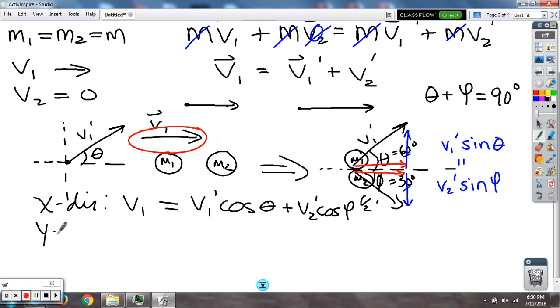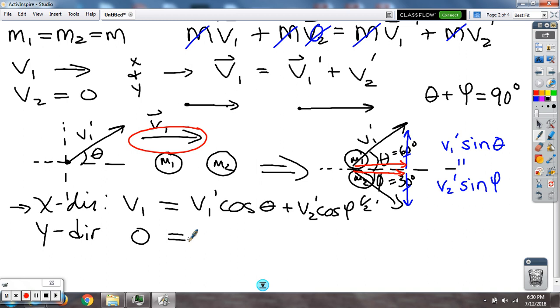So combine that with the fact that you know that in the y direction, I said that these two things equal each other. That's because this statement has to be true in both the x and the y direction. In the x direction, it looks like this. In the y direction, v1 has no y component, so that's 0.